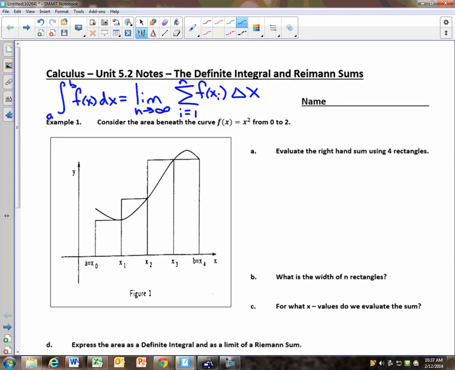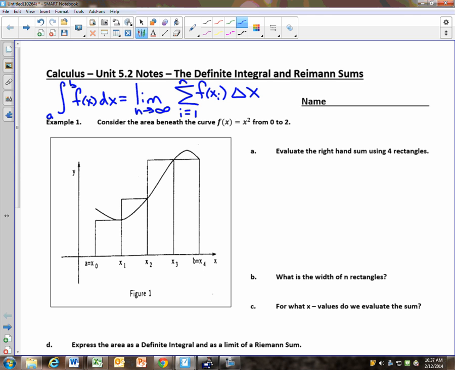And so that's what we were looking at before. The limit as n goes to infinity, so that's the number of rectangles, of the sum from i equals 1 to n, so we're going to add up an infinite number of these, f of x sub i delta x, so delta, change in x.